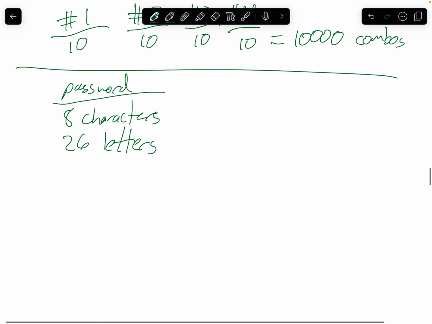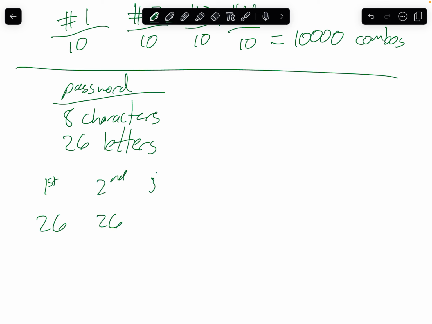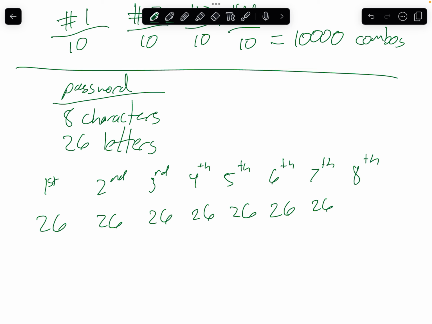All right, we should have had, for our first character, 26. For our second character, 26. For our third character, 26. For our fourth character, 26, fifth, 26, sixth, 26, seventh, 26, and our eighth character, yes, that's right, we have 26 options.